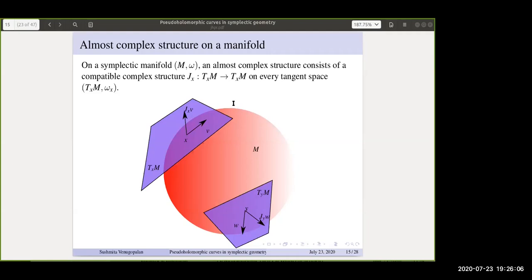So the most obvious restriction is that we want the second cohomology group to be non-zero, because omega is a closed, oh sorry, this is kind of a typo on the first slide. So omega is not just non-degenerate, it's a closed two-form. So it's a representative of an element in the second cohomology group of the manifold.